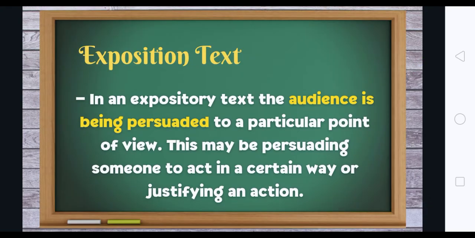What do we mean by an exposition text? In an expository text, the audience is being persuaded to a particular point of view. This may be persuading someone to act in a certain way or justifying an action.